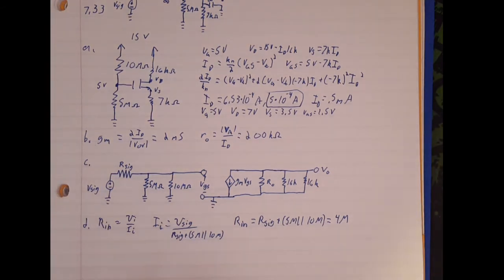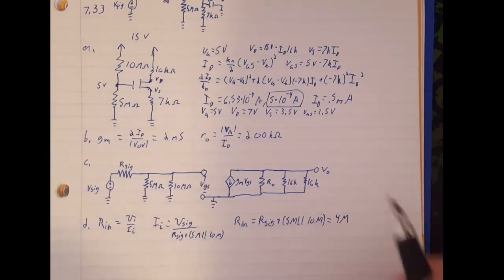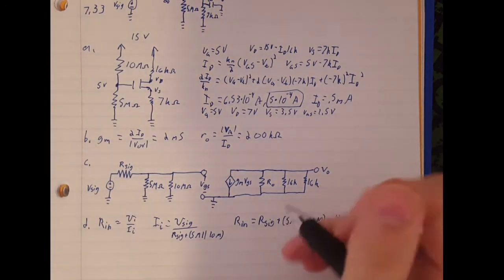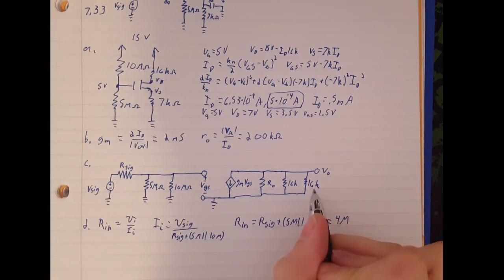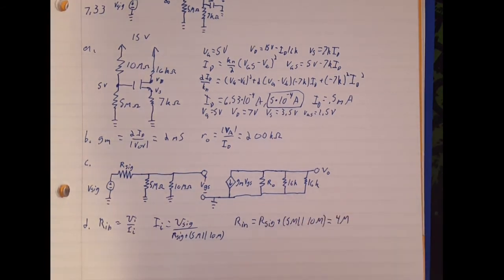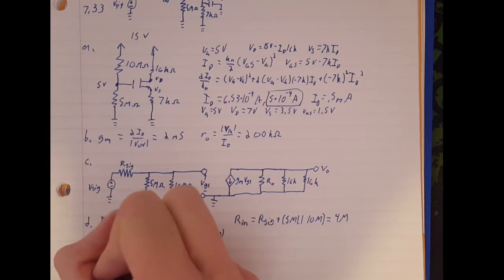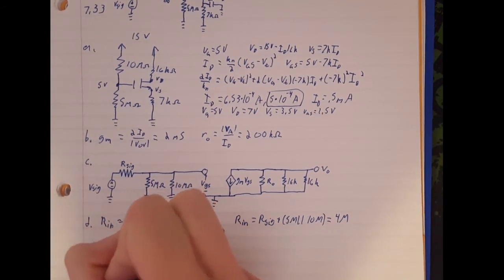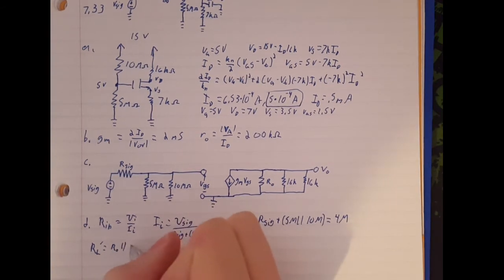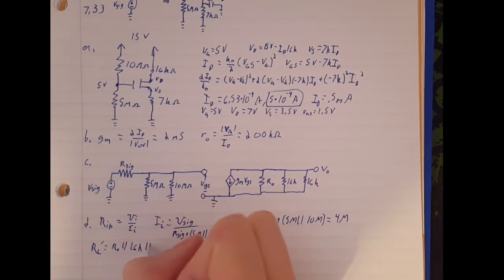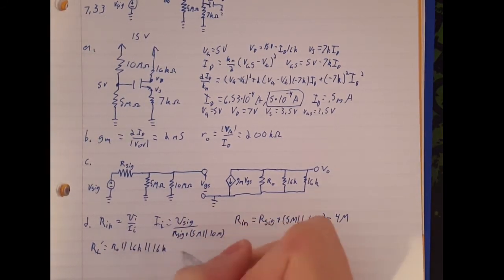So now we want to find the gain. We're going to start from V out and work our way backwards. So let's start off with calculating the full load resistor. Let's call that RL prime. That's going to equal R out in parallel with 16K in parallel with 16K.